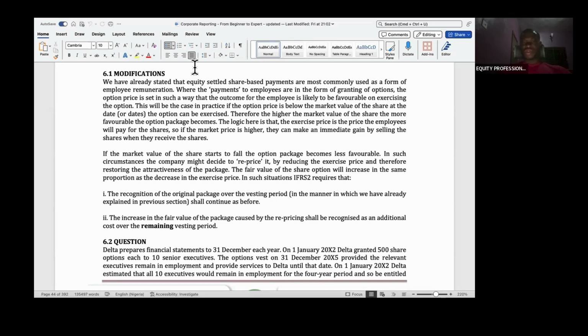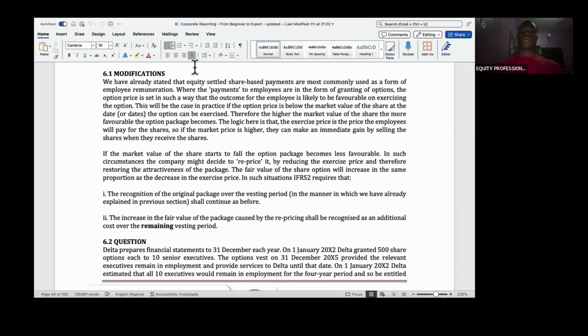When you have a cash settled share-based payment, what the employer will issue is either a share appreciation right or redeemable shares, because the cash settled involves giving cash based on the price of the entity's shares.